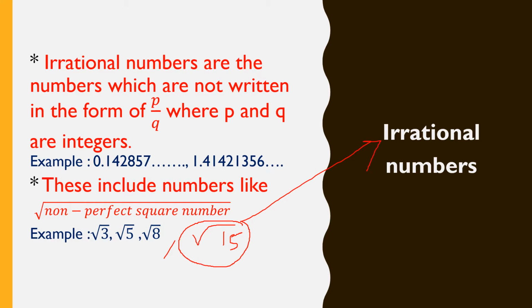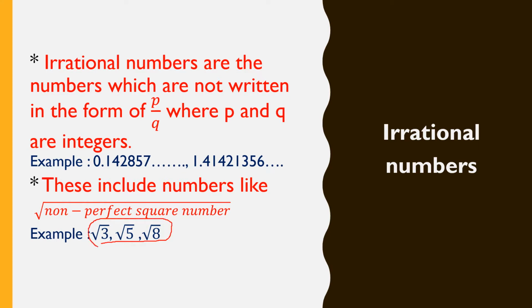This is very important, because in this exercise you are asked to prove that these numbers are irrational numbers. So irrational numbers are the numbers which are not written in the p by q form, as well as the roots of non-perfect square numbers. For a clear explanation of irrational numbers, what is terminating, non-terminating and so on, I will provide a link in the description. Please follow that link.